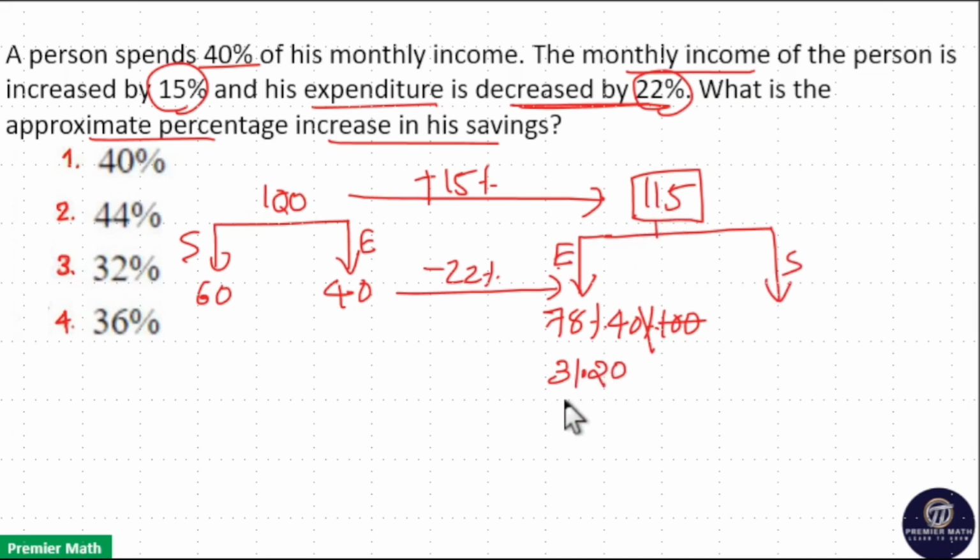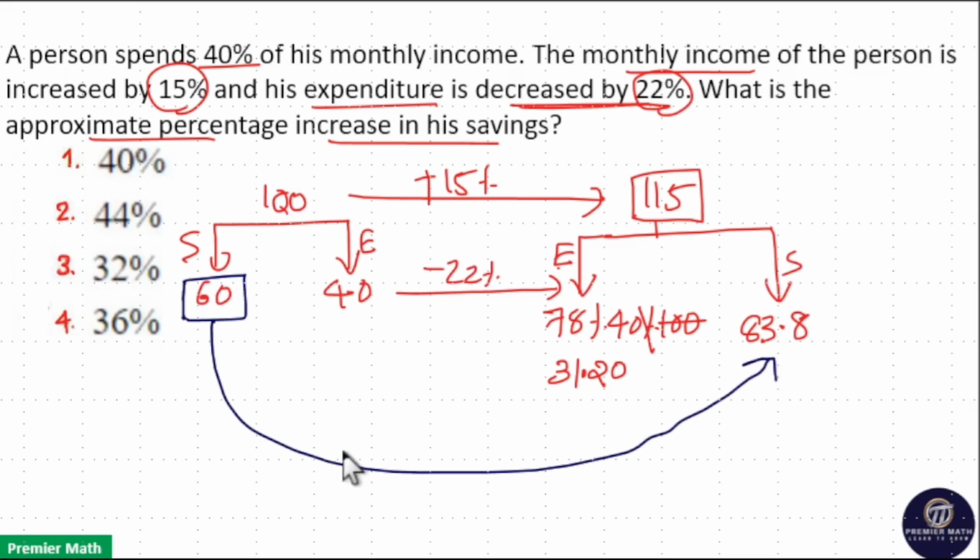So 115 minus 30 is equal to 85. 85 minus 1.2 is equal to 83.8. Now new savings is 83.8, which means the increment is from this initial savings which is 60. So 60 to 83.8, increment is 23.8.